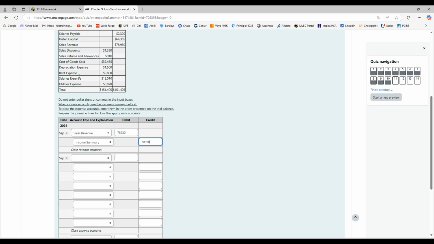And then we're going to go through and close our expense accounts. So can I just paste these in? Doesn't work, shoot, okay. We have to select them one by one, slightly annoying, but that's okay.